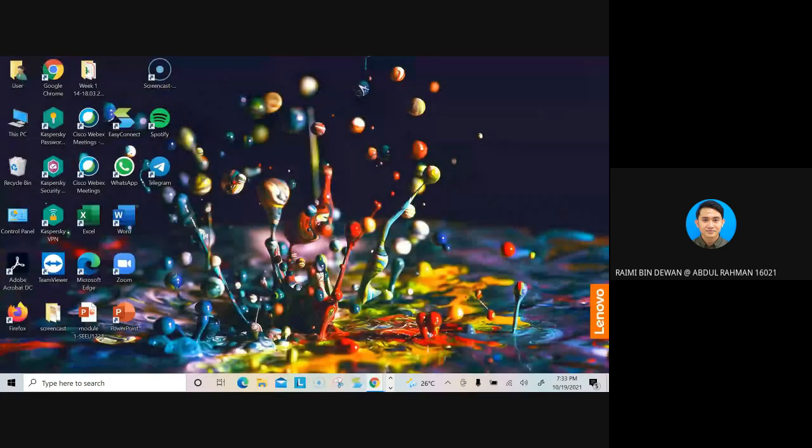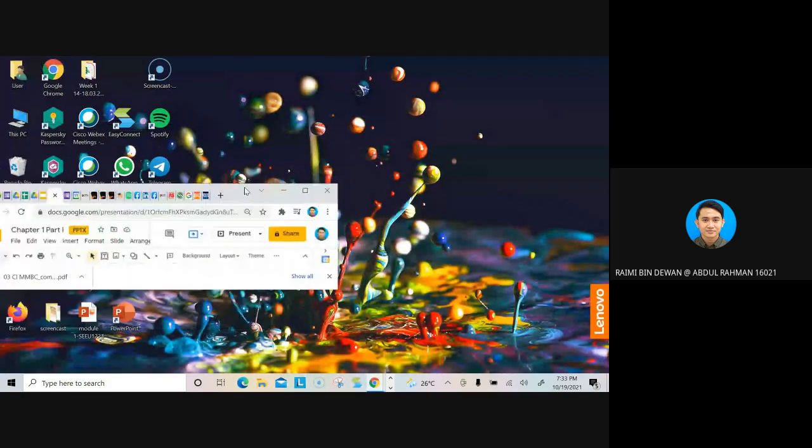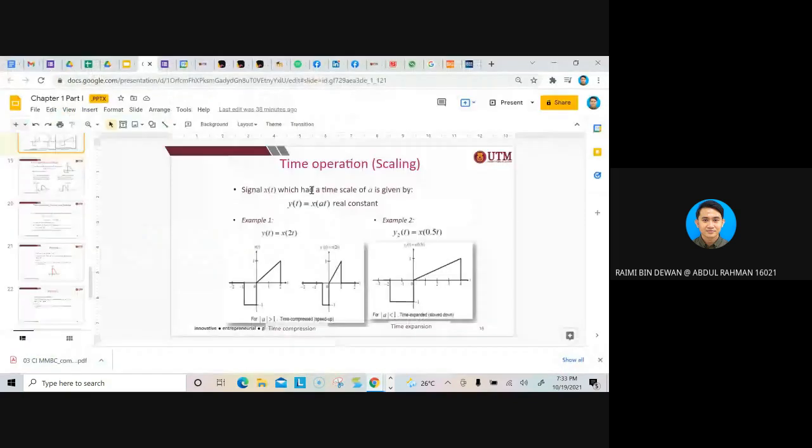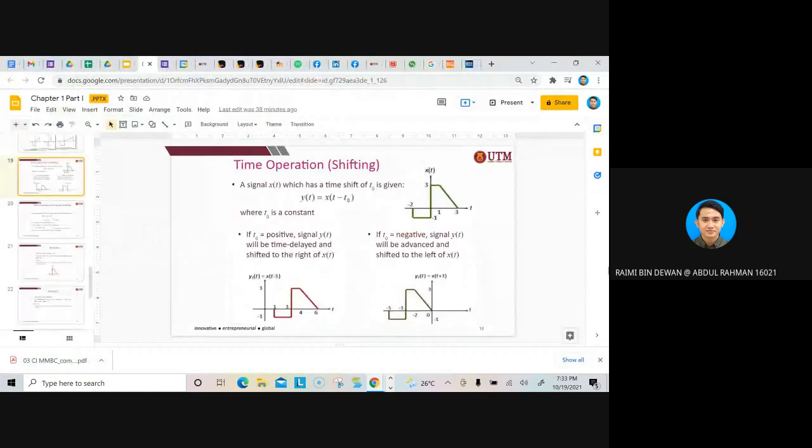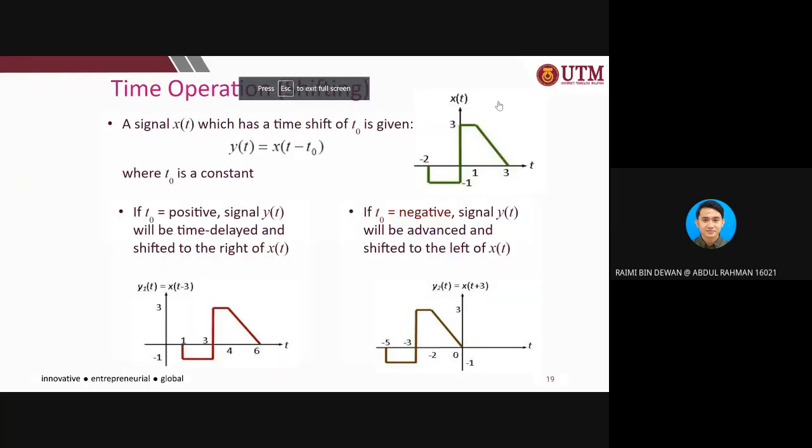Next we go to the time operation, which is the last operation, which is shifting. What does shift mean? Your signal will be shifted either to the left or to the right.